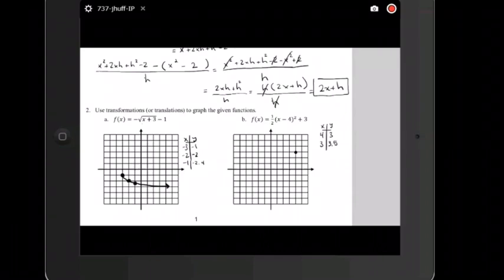So 3, 3.5. And then just because of symmetry, I'm going to have 5, 3.5. So the 1/2 as a vertical compression makes the parabola appear to open up a little bit wider.